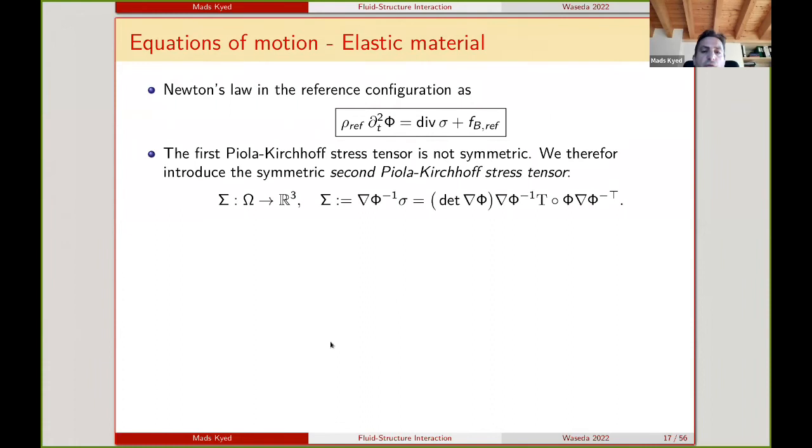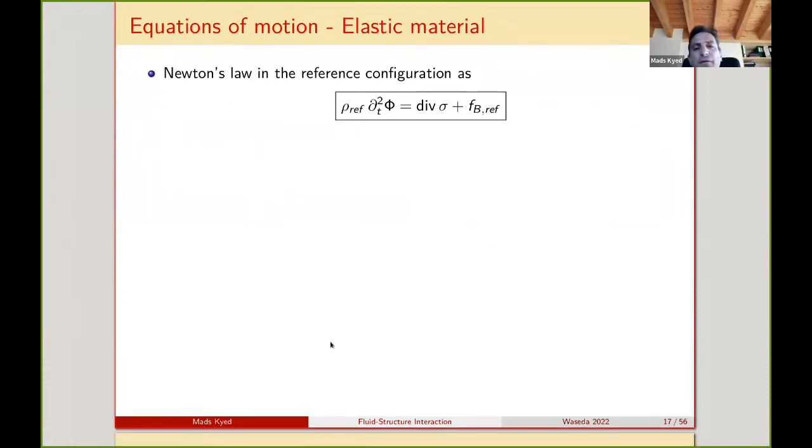Okay. So now, why am I so focused on expressing my equations of motion in the reference configuration? Well, the reason is that the reference configuration is a known configuration, and that's the main reason, obviously.